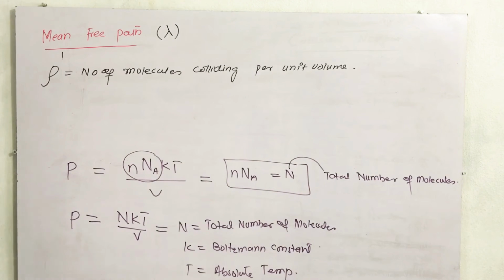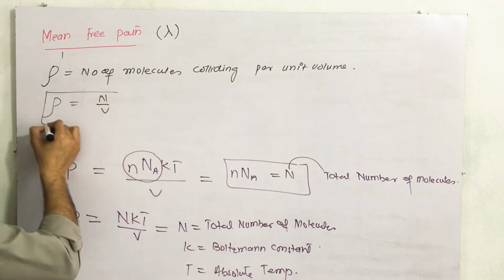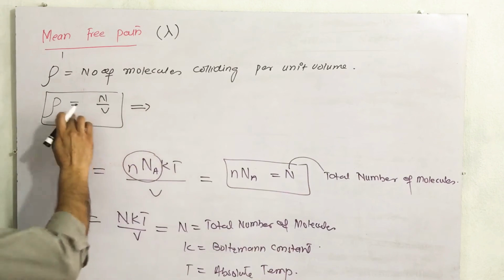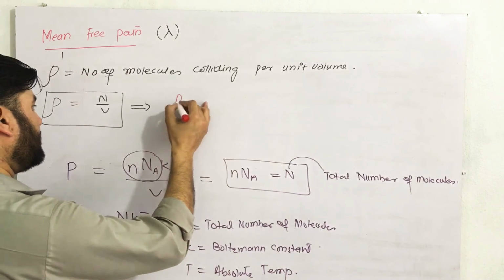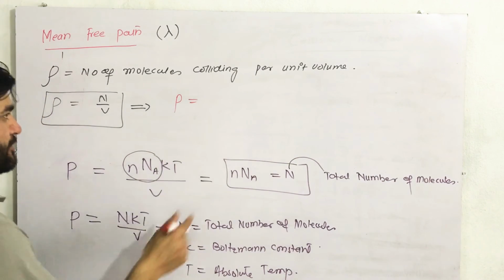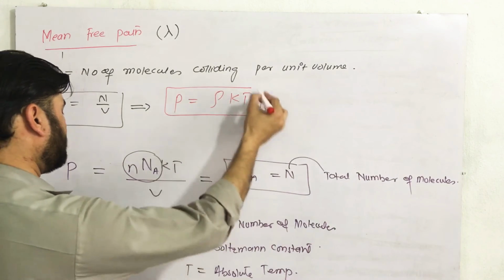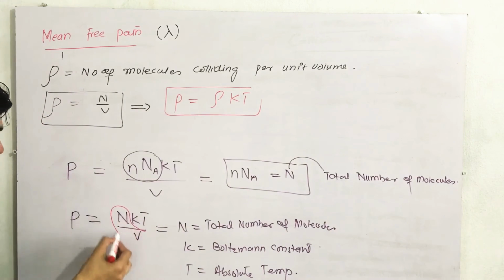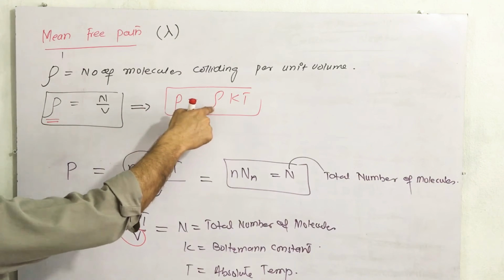So we can say that rho is equal to N by V. In this equation we can put rho in place of N by V, so the equation becomes P is equal to rho K T.